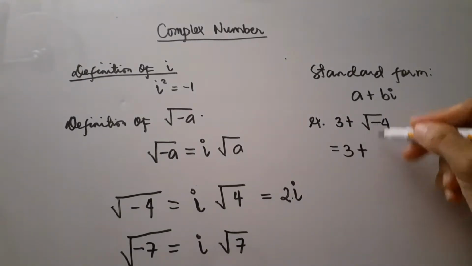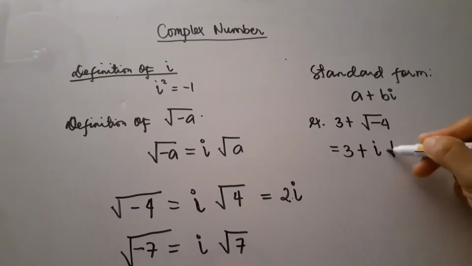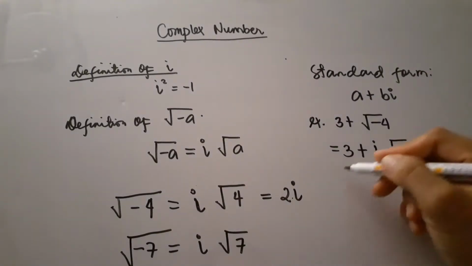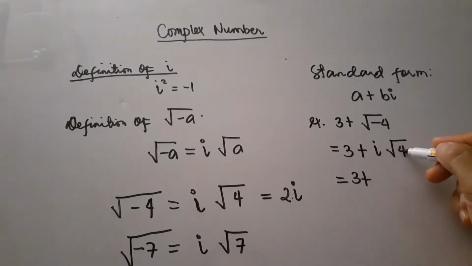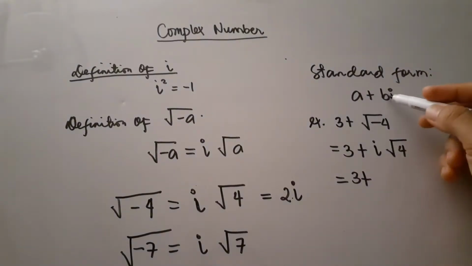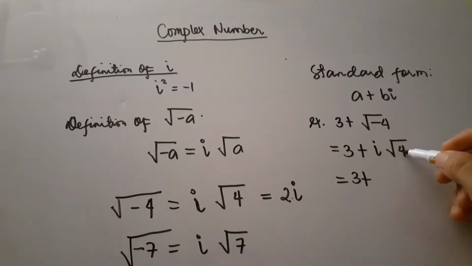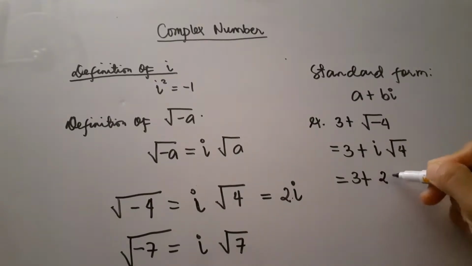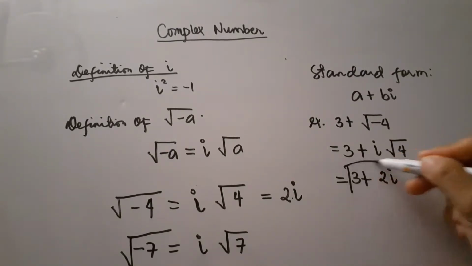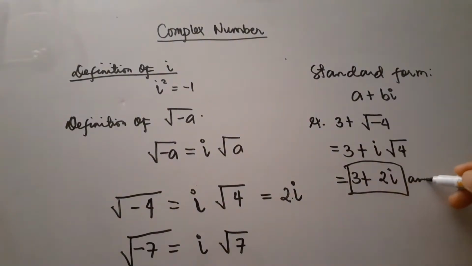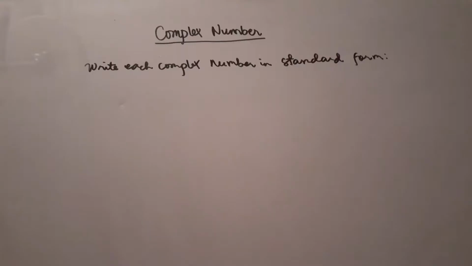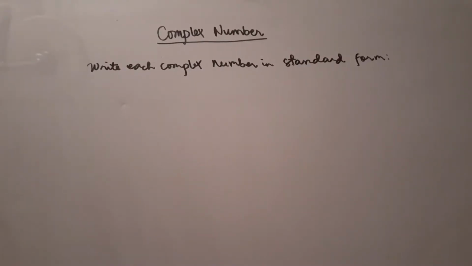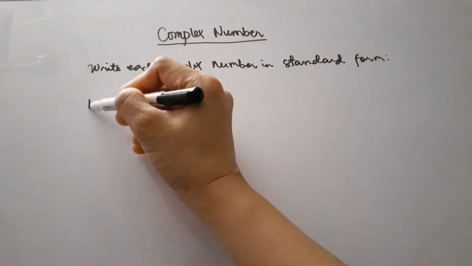So we have an example: 3 plus the square root of negative 4. We can solve this by using the imaginary unit. So in standard form we have 3 plus 2i. This is the answer, because we follow the standard form. And then we have exercises.